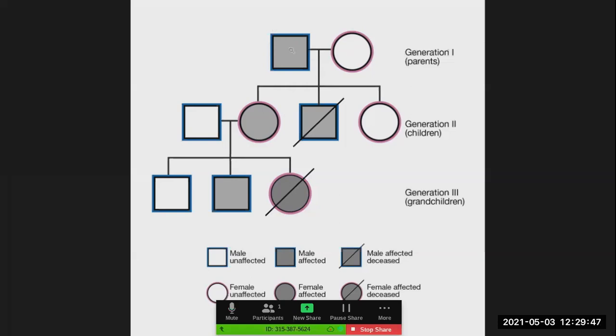Sometimes, if this wasn't given to you, you could actually backtrack and determine the genotype of the children or the parents. Or in some cases, you could go downward. So this is just for information purposes.